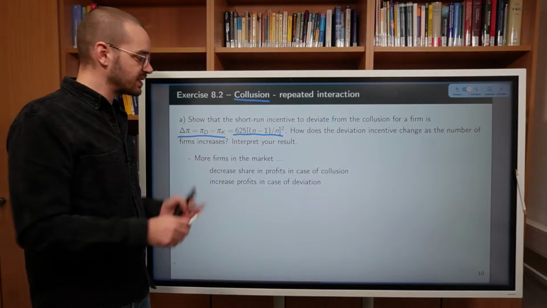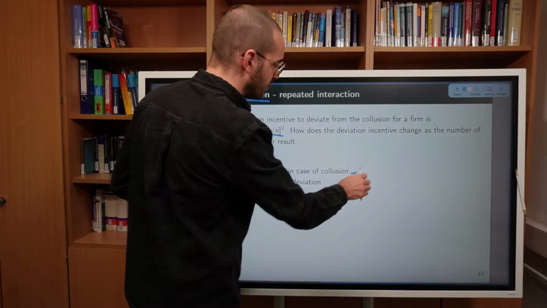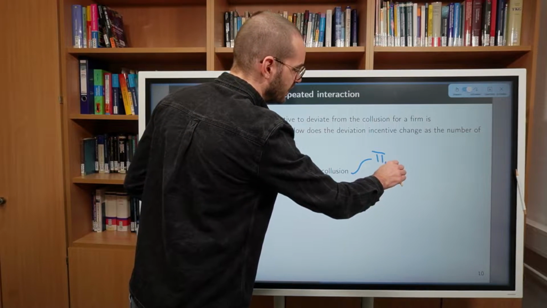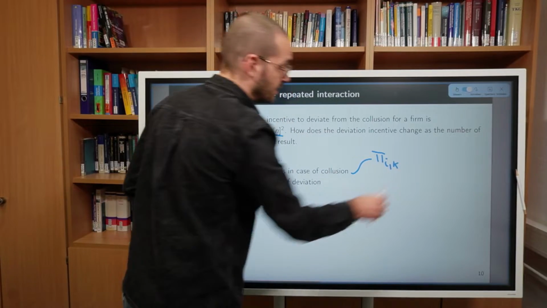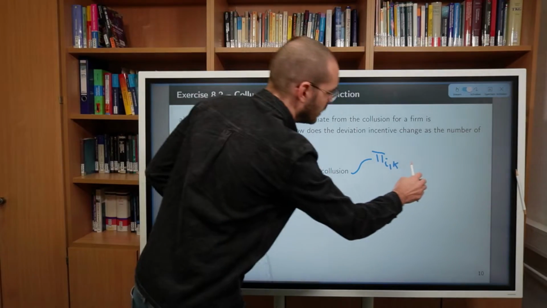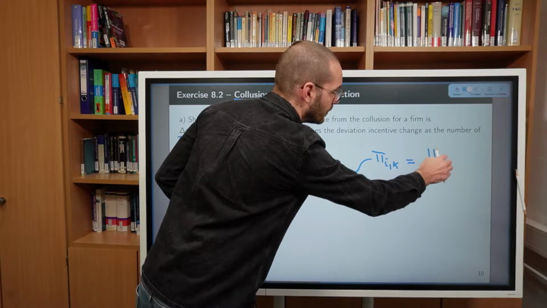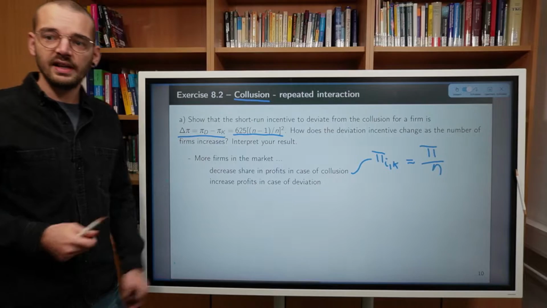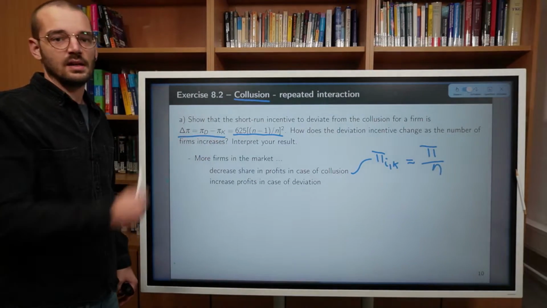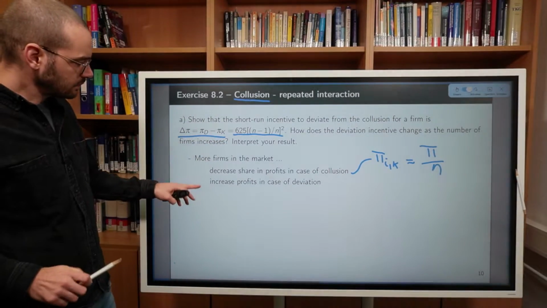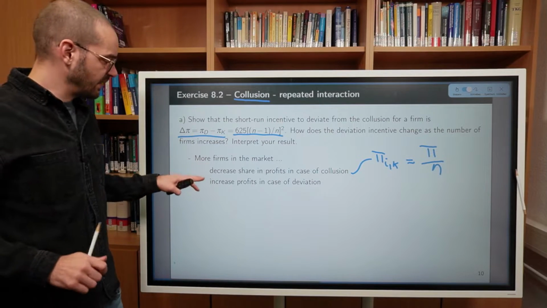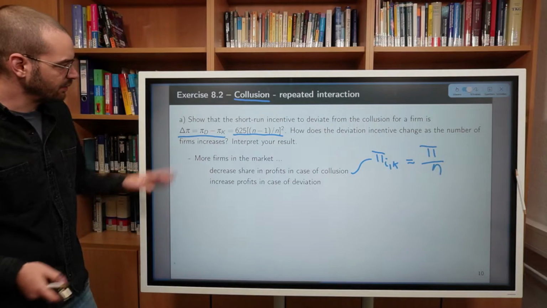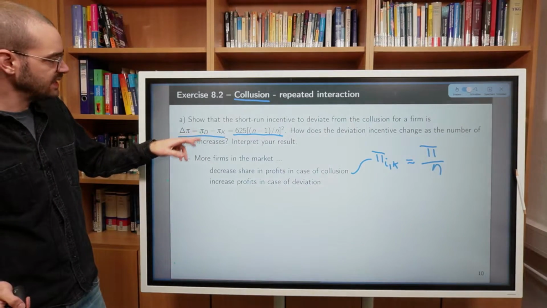That's quite easy to see if you consider the profits under collusion of the individual firm, and we discussed this in the previous exercise, of course, where it is simply the overall profits divided by n, and then obviously for an increase in n, this number goes down. And the second mechanism then is the increase in profits in case of deviation, and for this we would have to look at pi d.